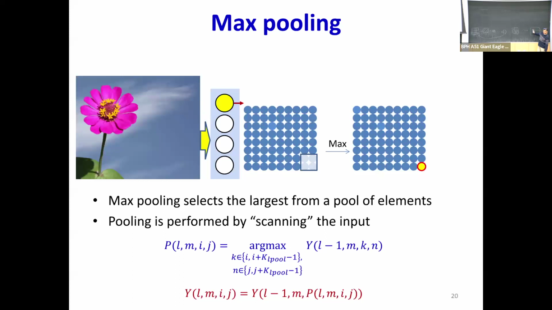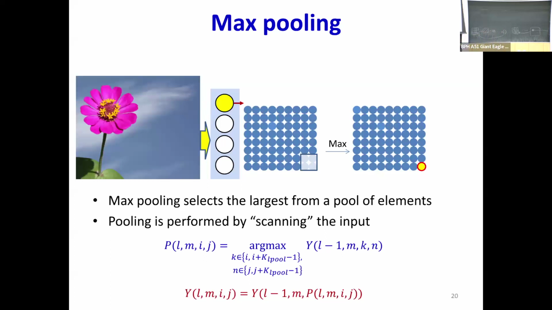If perturbing this guy by epsilon has some influence on the output of the loss, how much will perturbing this guy have? Exactly the same, because I just copied this value. If I perturb this by some delta x, there's going to be some effect delta L over here, and that's going to be the same as this one here. So what I would need to do is simply copy this back into the location of the max.